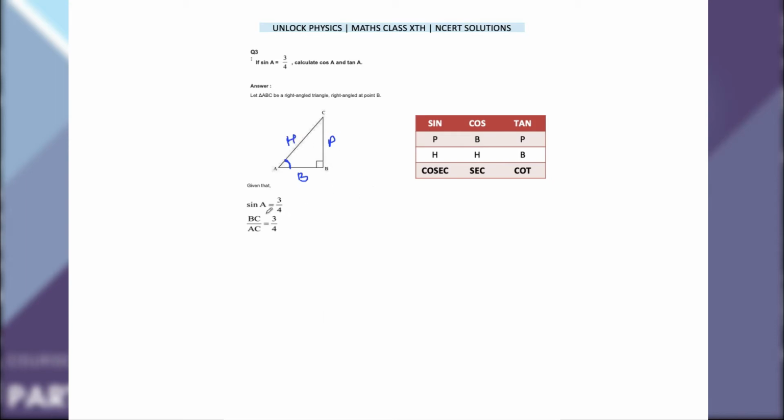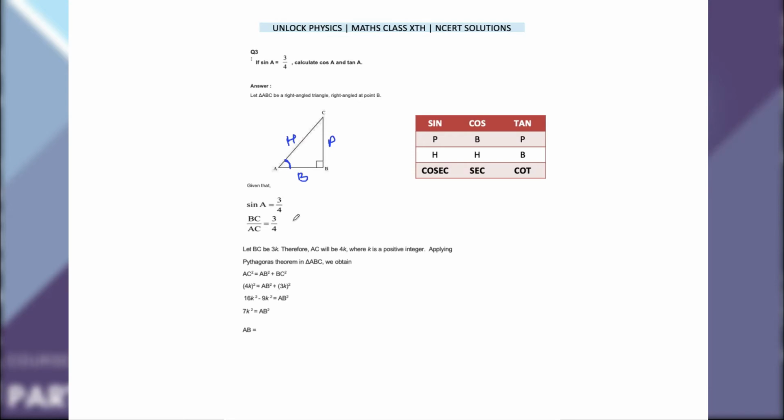So we see that sine A is equal to P upon H, which is BC upon AC, which is 3 by 4. Now we don't know if 3 and 4 are the actual lengths of BC and AC. So we suppose the values to be positive multiples of 3 and 4, because this is the ratio. So the actual values of BC and AC would be multiples of 3 and 4.